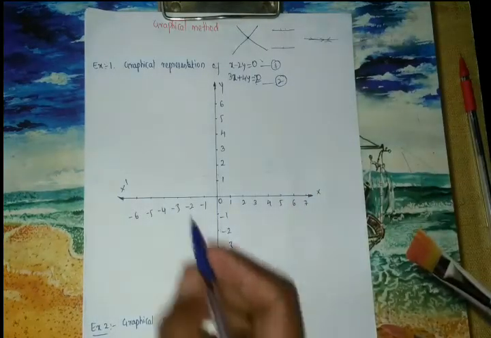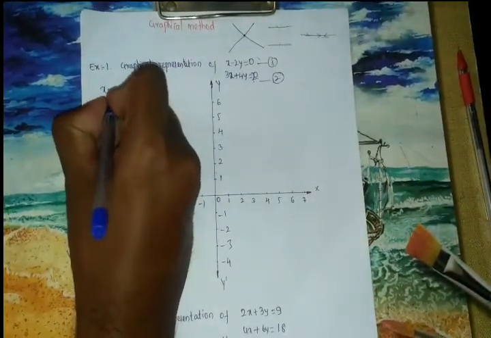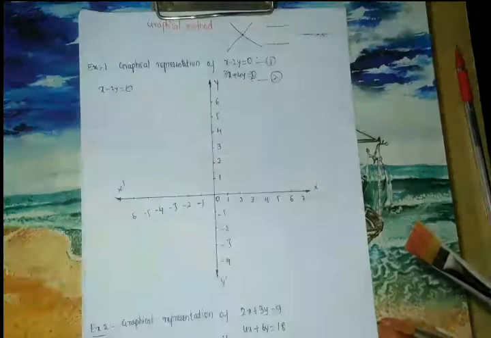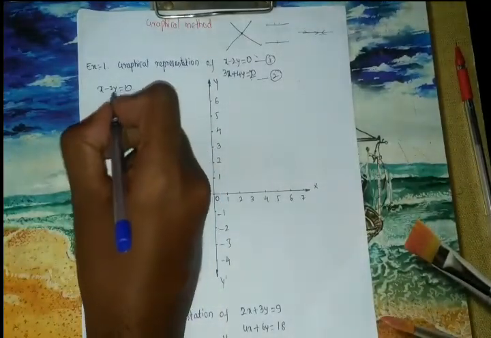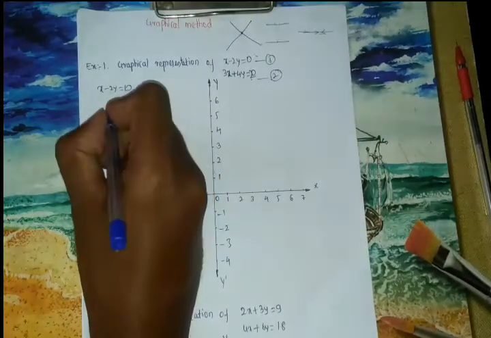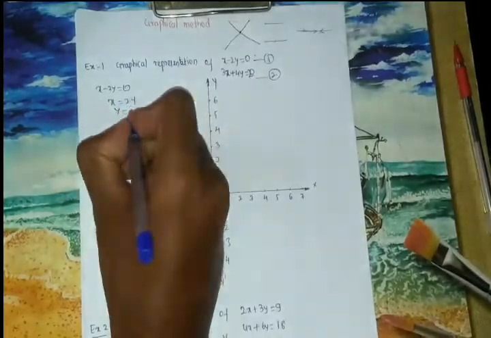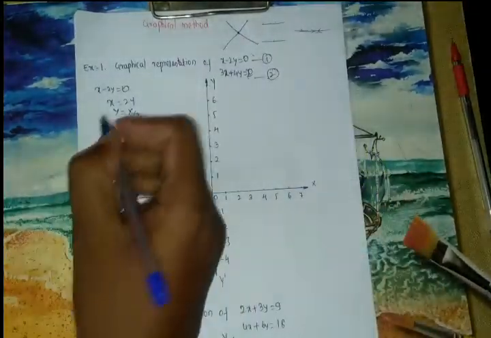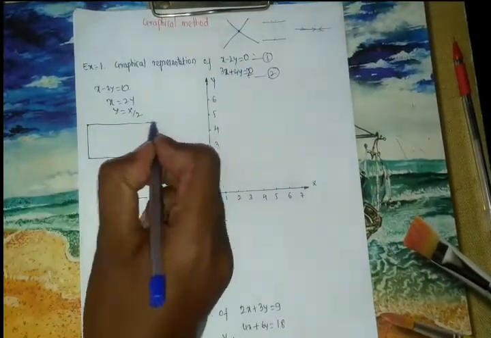Let me take equation 1, that is x minus 2y equals 0. Let me get y here. When I send this to the RHS, it will be x equals 2y, or y equals x by 2. So let me draw a table like this.